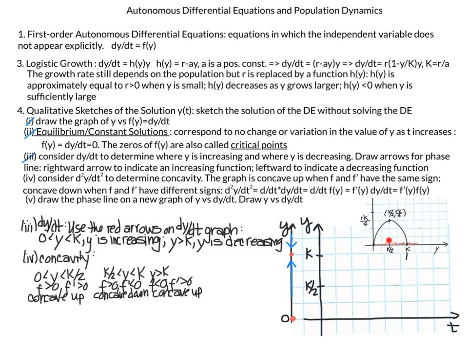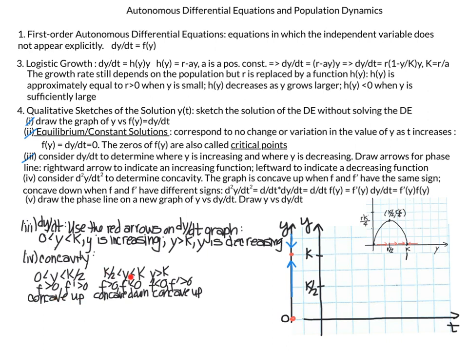Now I'm going to use this graph to look at the second derivative. So in the interval between 0 and k/2 over here, you can see that f is positive, and you can see the derivative is also positive, right? If you draw a tangent line over here, it's increasing. So they both have the same sign, which means in this interval, our graph is going to be concave up.